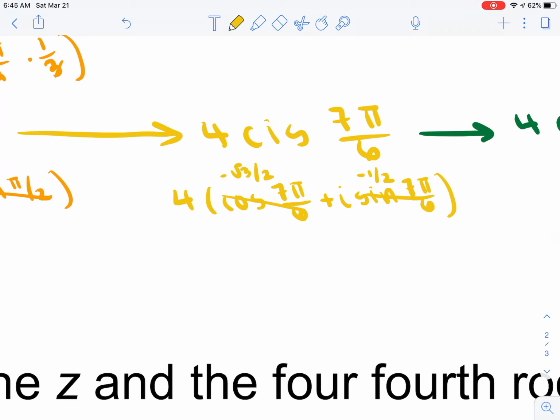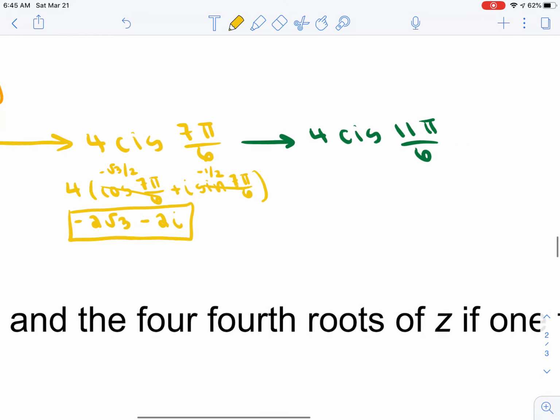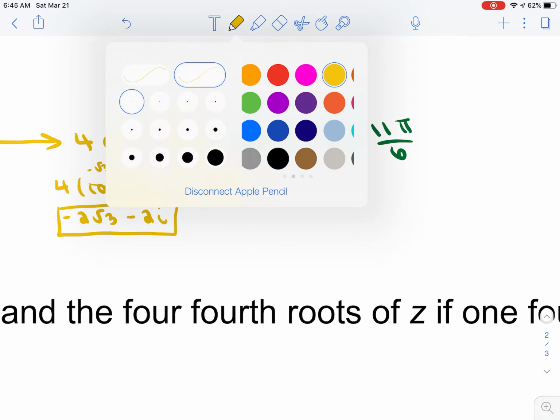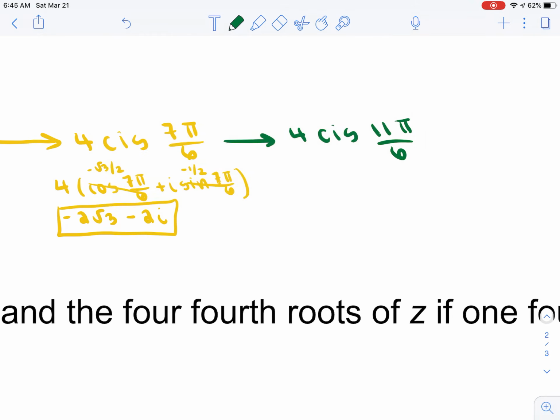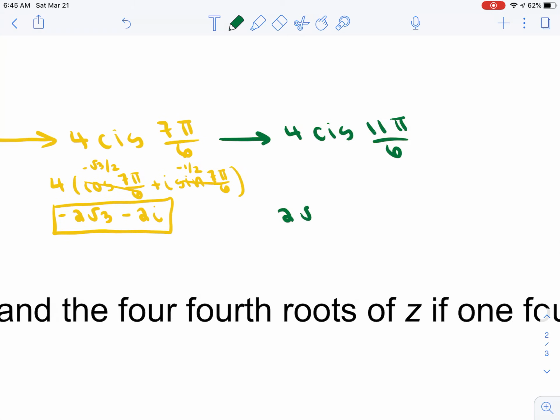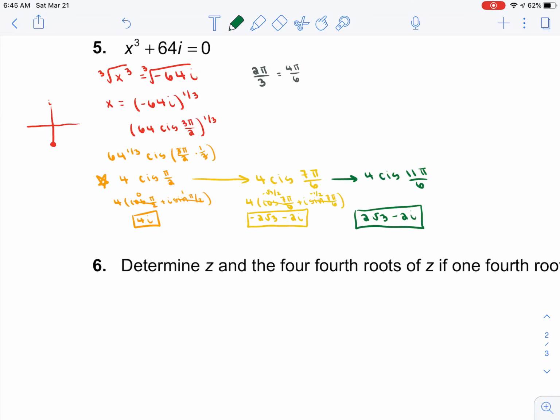So we're going to get this to be negative 2 root 3 minus 2i. And then with this last one, remember this wonderful relationship with 7 pi over 6 and 11 pi over 6. It's going to be the same ordered pair, but this time the x value will be positive, the y will stay negative. So those are your 3 solutions.